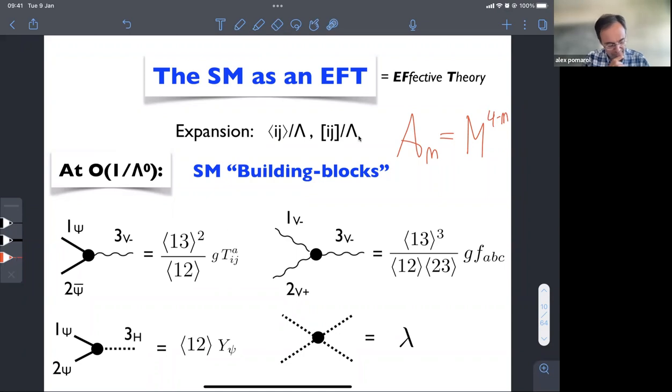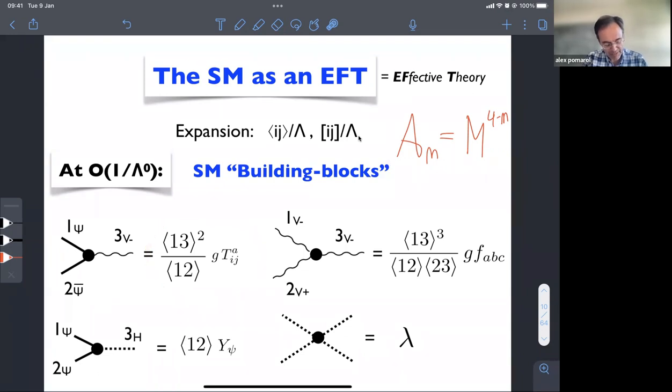So this is dimension 1. When we go to 5 points, it will be 1 over dimension. This is important because now you have to build something that has dimension 1, and indeed it has dimension 1.